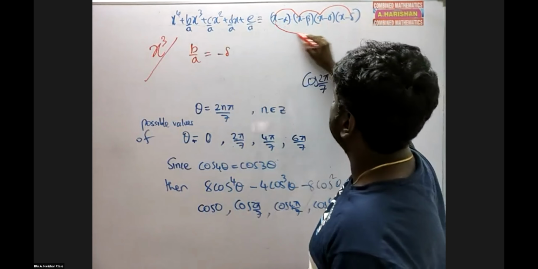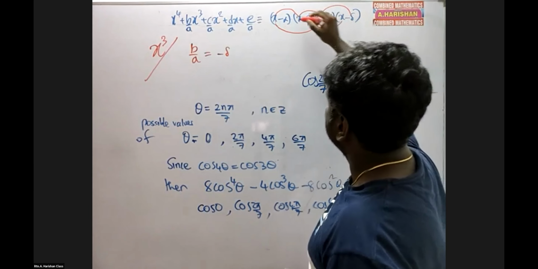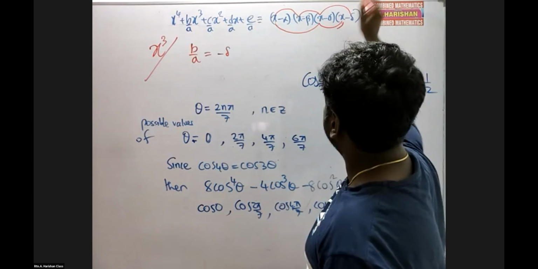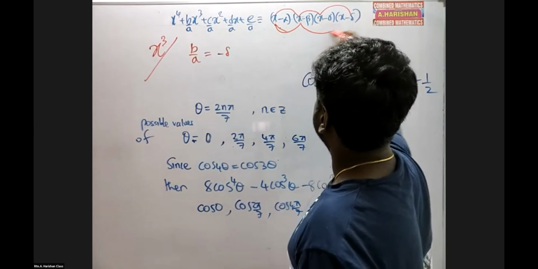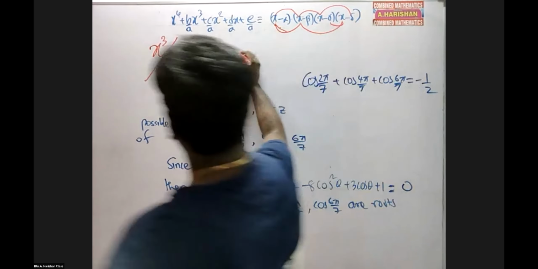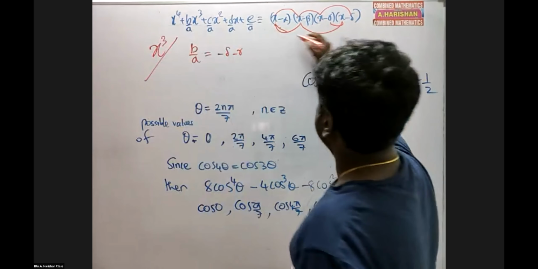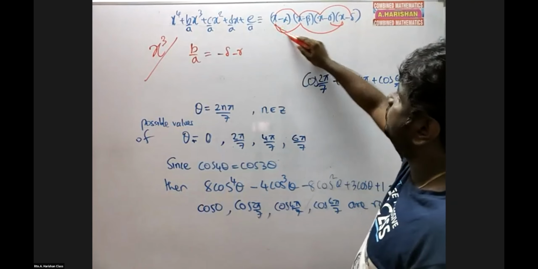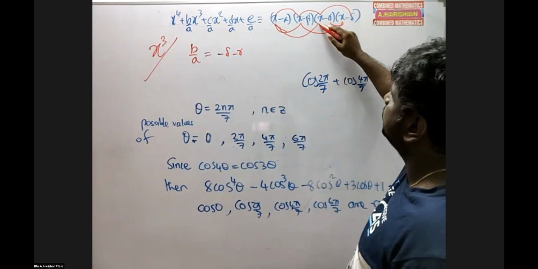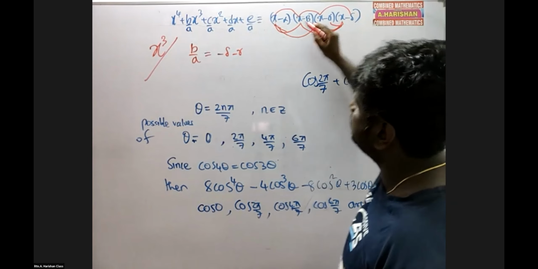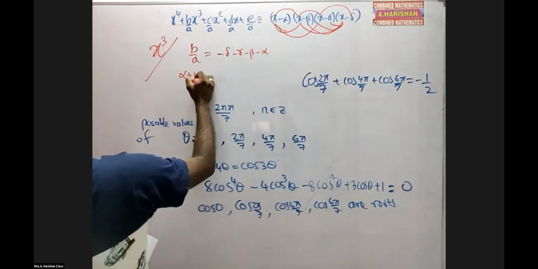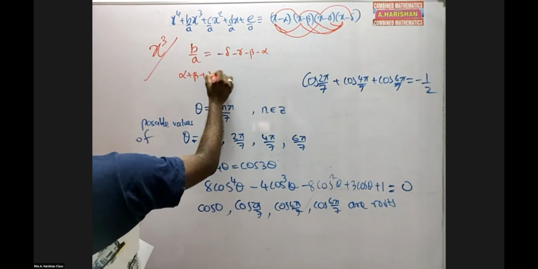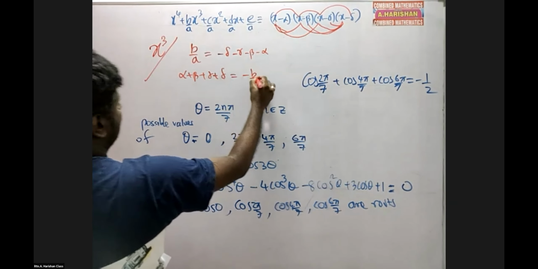And this into this into this into this number, this into this into this into this number minus gamma. Then this into this into this into this minus beta and minus alpha. So alpha plus beta plus gamma plus delta is going to be minus b over a.